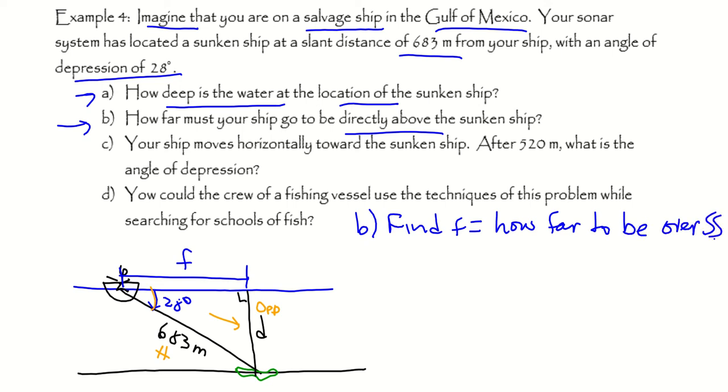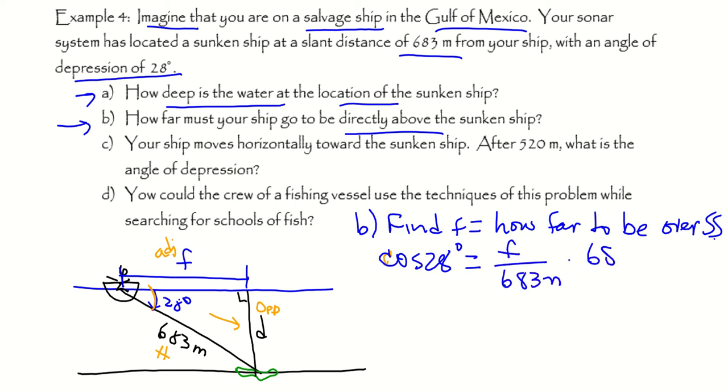So to find F, F is my adjacent side to my angle. I know my hypotenuse, so let's use cosine. We would say that the cosine of 28 degrees equals our adjacent side F divided by our hypotenuse, 683 meters.